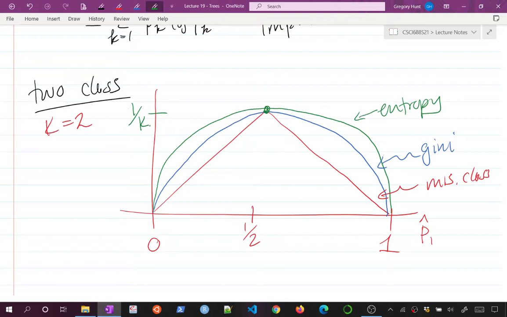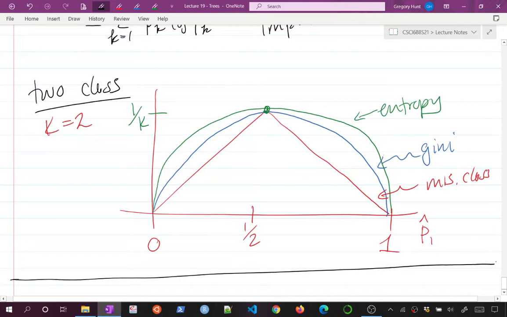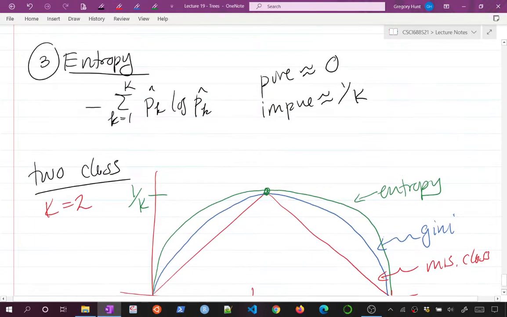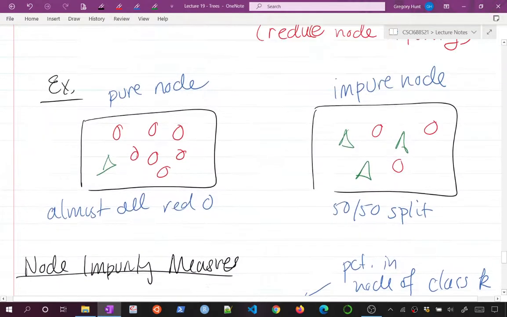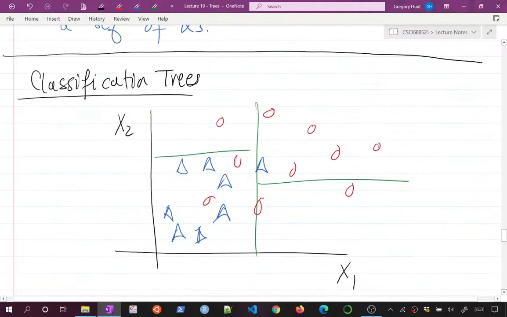So you can see they're all doing the same kind of thing, but there are slight variations on each other. But the idea behind a classification tree is pretty much exactly the same as with a regression tree. I'm going to use one of these methods to measure the impurity of a particular node, and I'm basically going to build the tree. So back to my example, I'm going to choose splits at each point, recursively, to split on a variable and split that variable at a point, so that I get, at the end of the day, very pure rectangles.